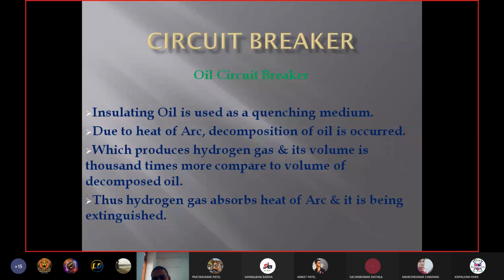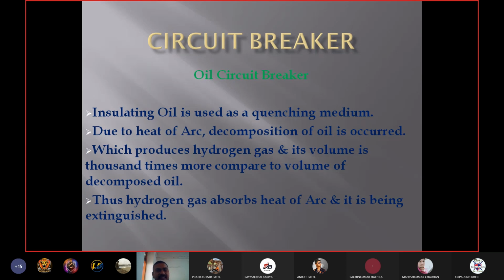Now when a short circuit occurs, the circuit breaker opens, the contacts open. While the contacts separate, an arc is generated, and this arc has a high temperature. Due to this high temperature, what happens? Decomposition of oil occurs, and due to this decomposition, hydrogen gas is generated.